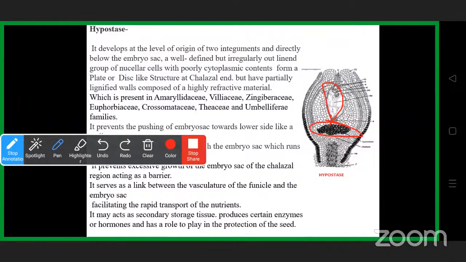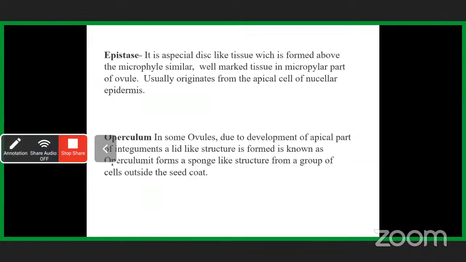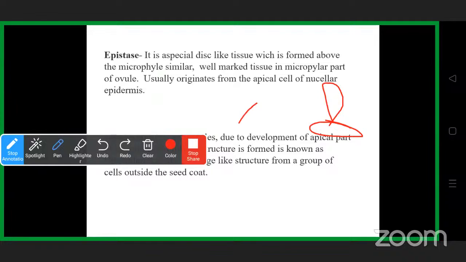That is hypostase. And then next is epistase. It is there just above the embryo sac.